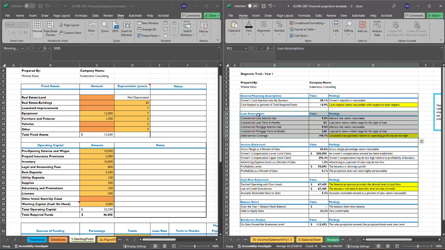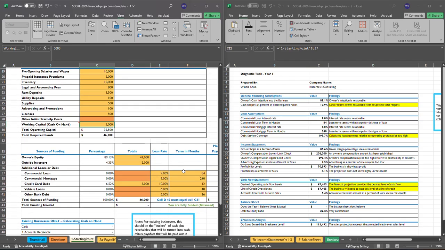So moving on to the next section, which are loan assumptions. I'm going to do these 4 sections together. So we've got commercial loan interest rate, term in months, and then the mortgage interest rate and term in months. So these are all going to be from the starting point, and I think that's here.